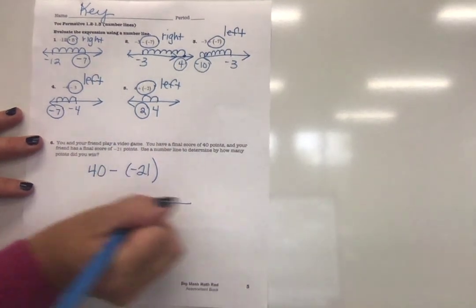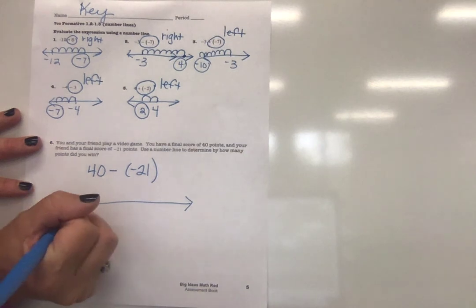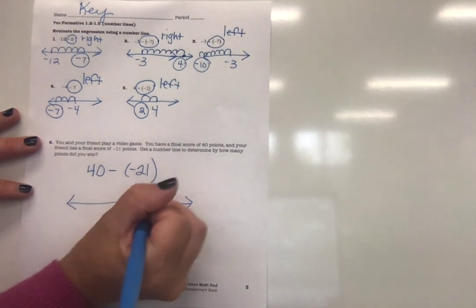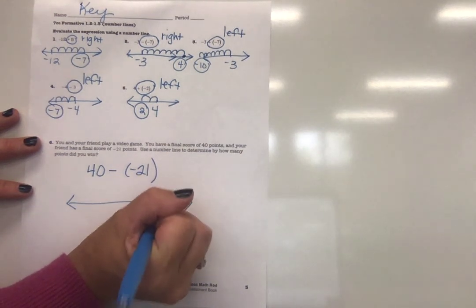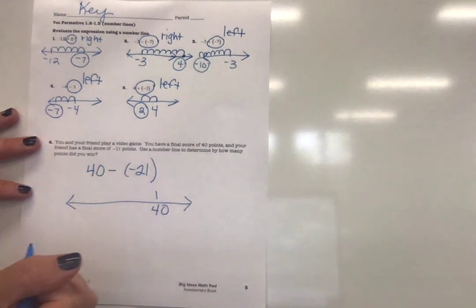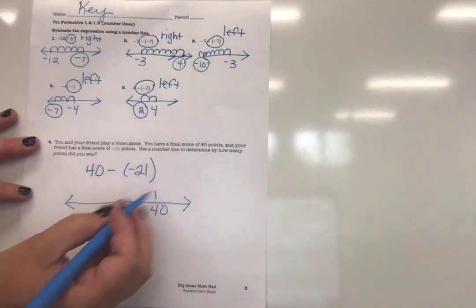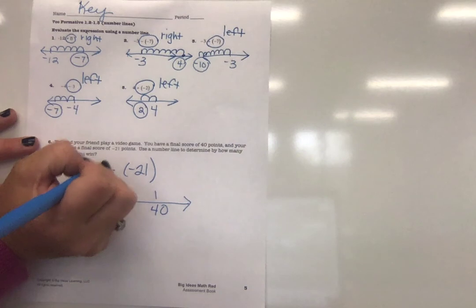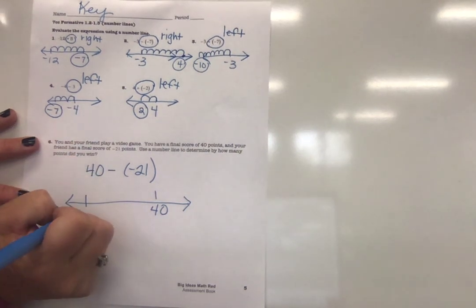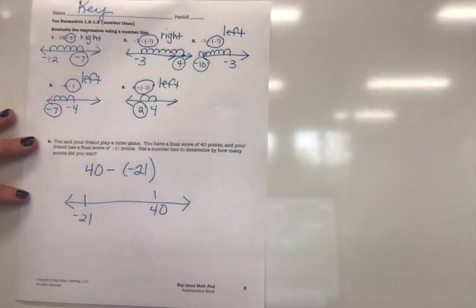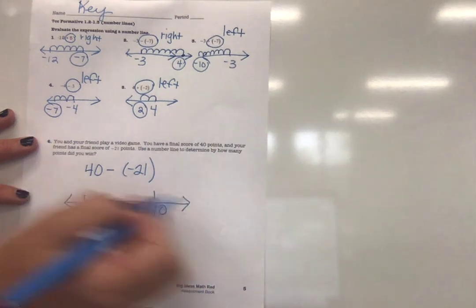So I am at 40. And I am going to know how many I won by. So you and your friends are at negative 20. I want to know the difference between these two.